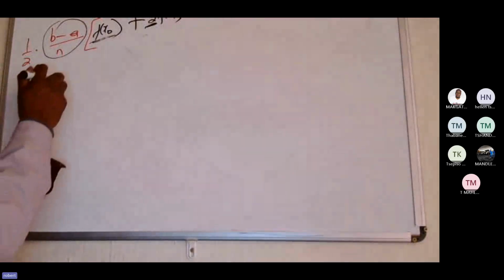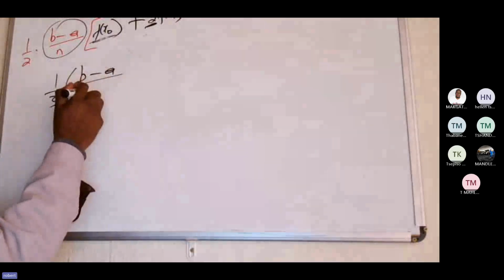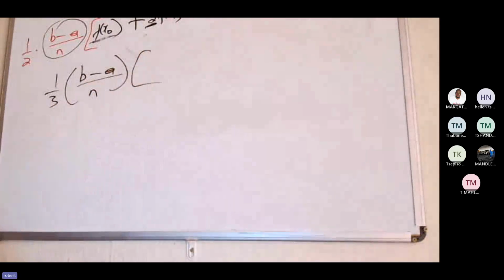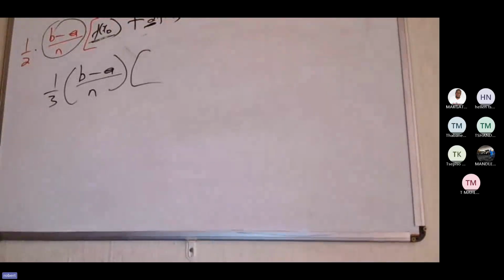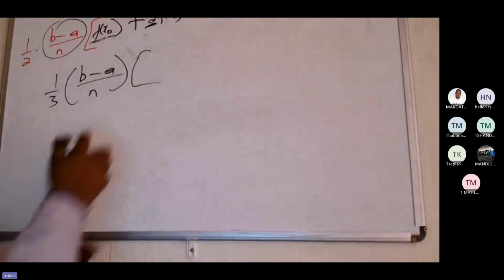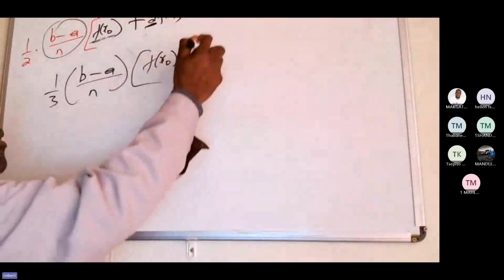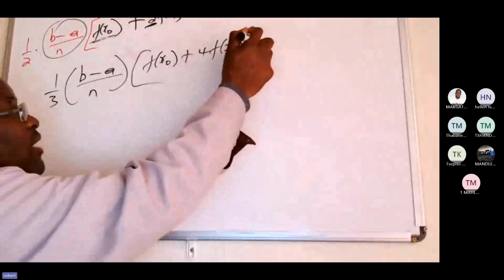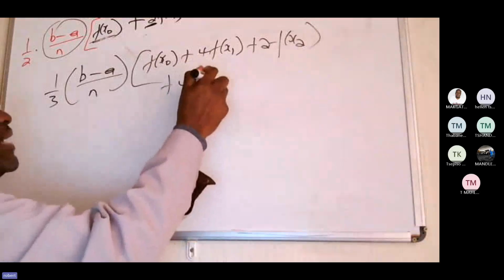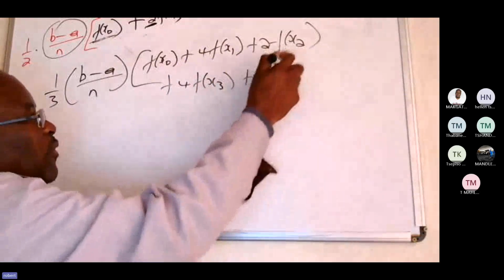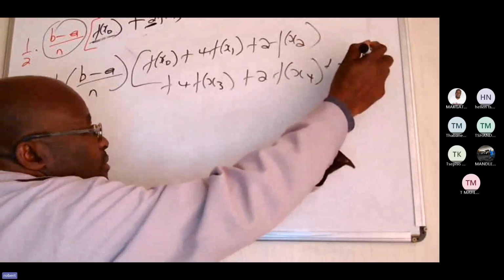Simpson's rule says 1/3 in brackets b minus a over n. But don't forget, with Simpson's rule, your partition n must be an even number. It says f of x0 plus 4 f of x1 plus 2 f of x2 plus 4 f of x3 plus 2 f of x4, and so on until the last one.